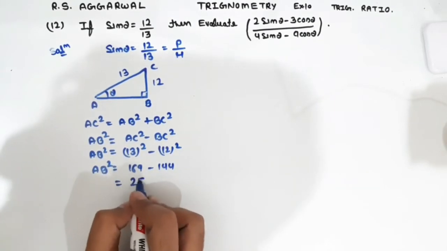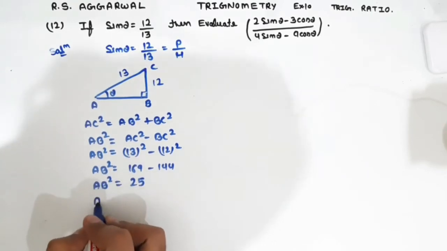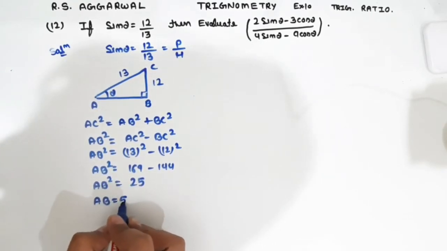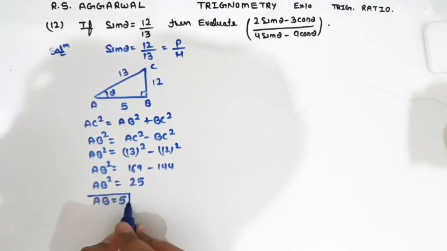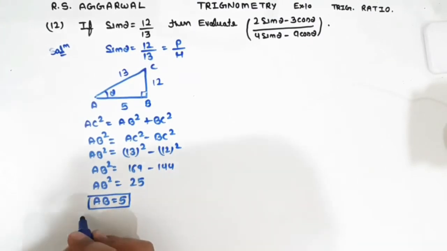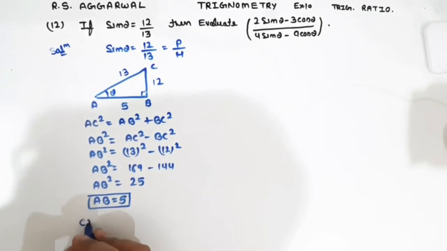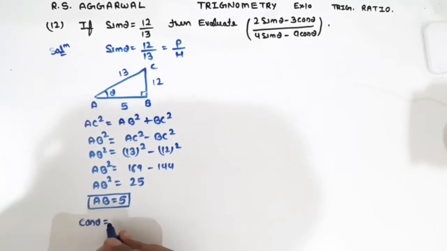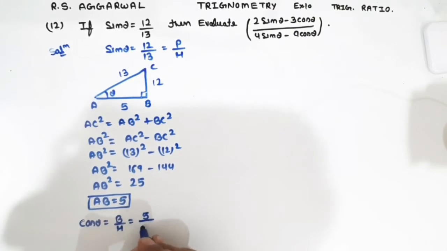So this will be 25. So AB square will be 25. So from here AB will be 5. So our base will be 5. So now from here the value of cos theta will be base upon hypotenuse. So our base is 5 and hypotenuse is 13.